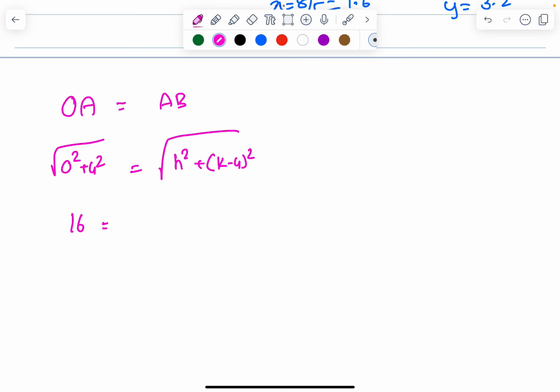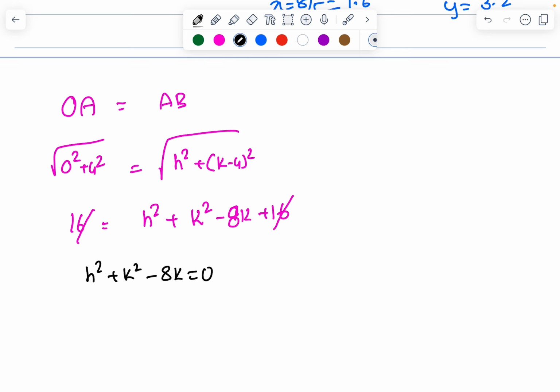So 16 equals H square plus K square minus 8K plus 16. The 16s cancel, so I get one equation: H square plus K square minus 8K equals 0.